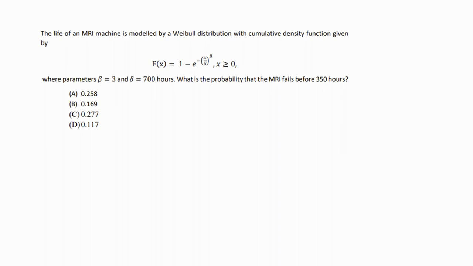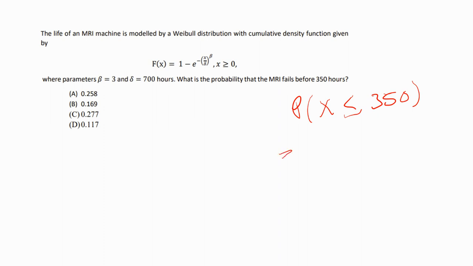Then we need to find the probability that the MRI fails before 350. So the MRI failing before 350 means the lifetime will be less than 350. That is all we want to find.